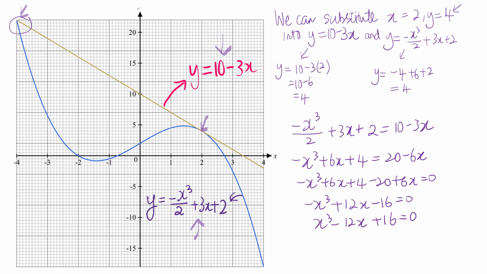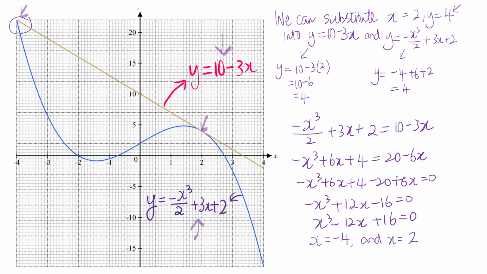And if you were to solve this cubic equation, I'm just going to use the calculator to help us do it. It's the easiest, fastest, more efficient way. The coefficients are 1, 0, negative 12, 16. Yes, we will have x equals negative 4 and x equals 2. So the two values are clearly the two x coordinates of our intersection points.